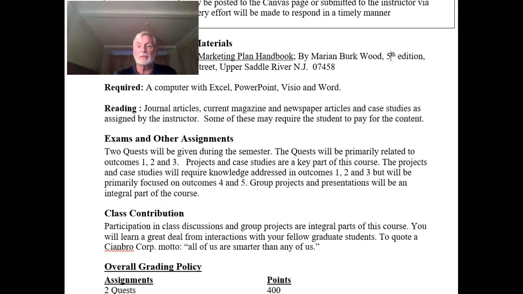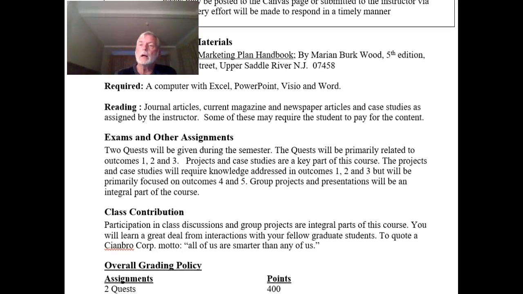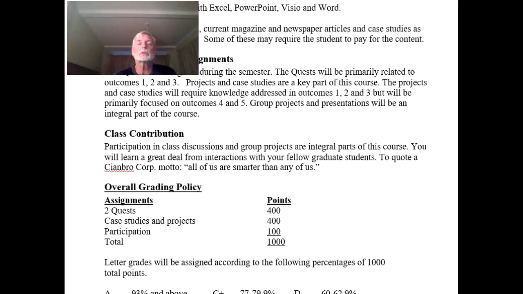Class contribution is definitely important, so whenever we have discussions, I generally require comments from all students, multiple comments from all students. Class discussions virtually can be very effective if everybody participates. And if you just jump in at the very end, like say if we've got an assignment that's given on a Sunday that isn't due till the following Saturday, if you jump in early and provide your information so that people can comment on it, then it works quite well.